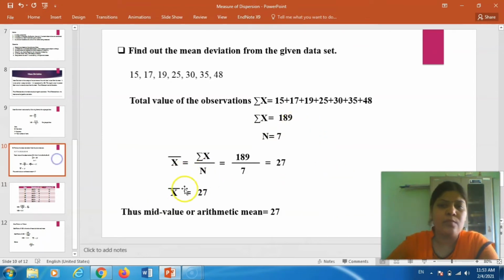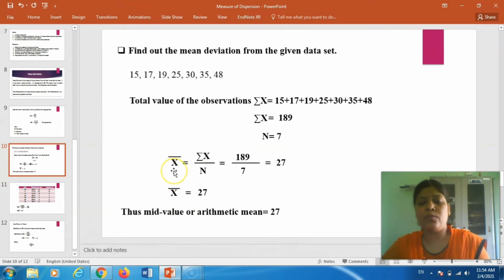Now x bar. First we have to determine the mean, because in mean deviation we have to see how each value deviates from the mean. The formula to determine the mean is x bar equal to summation of x divided by n.